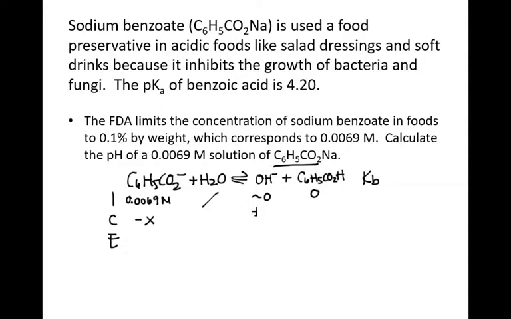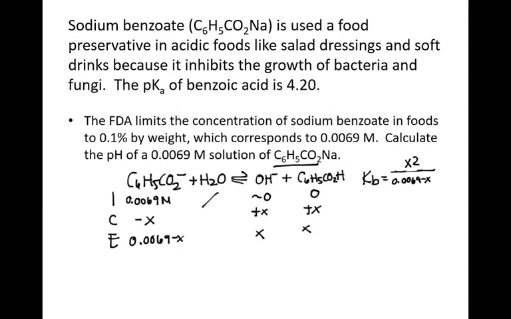We know this reaction will go toward the products, and that we can set up our Kb expression using these amounts at equilibrium. So Kb will equal x squared over 0.0069 minus x.